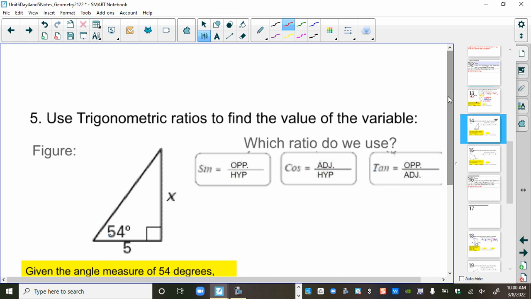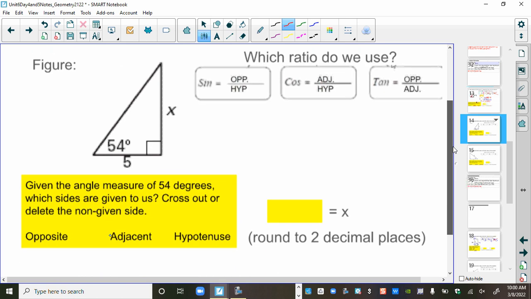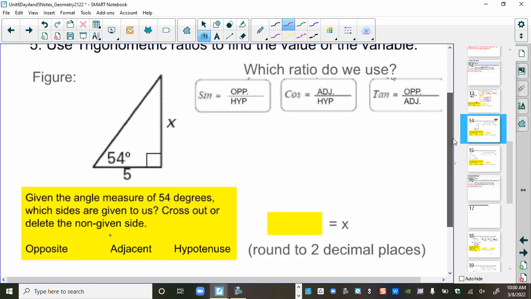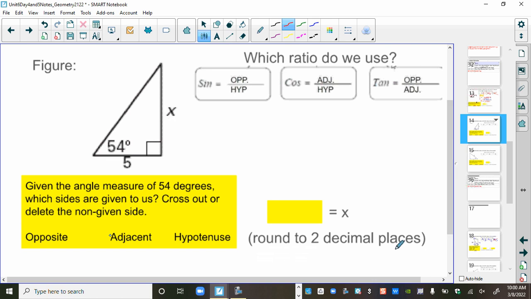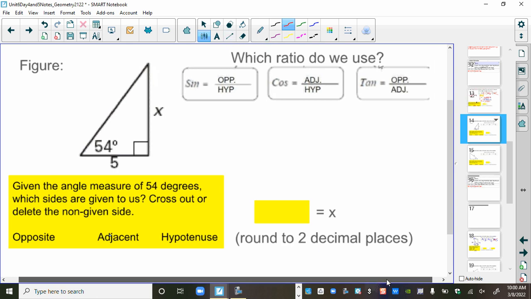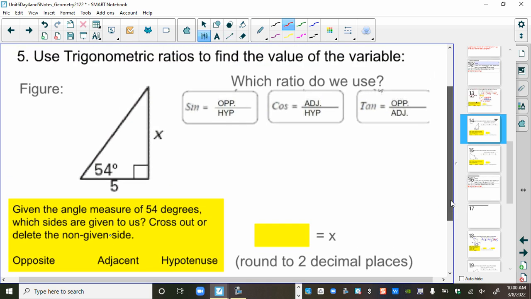Let's look at the next one. All right, similar to before. What's the very first thing we need to identify? Angle, yeah. So what's our angle in this case? 54. Now we need to figure out what two sides have something marked.